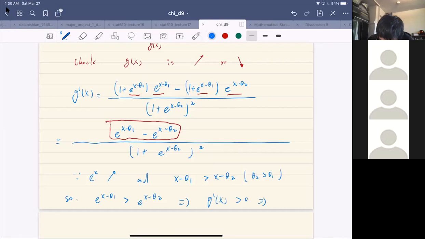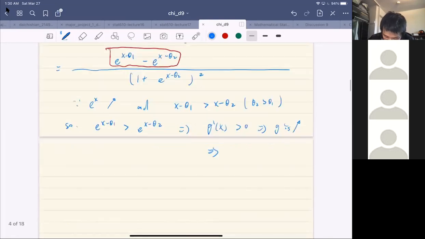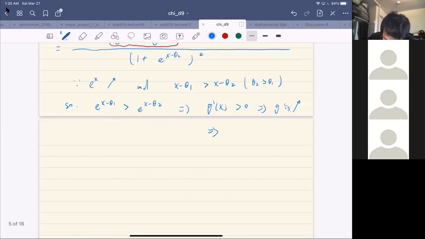So g is monotone, increasing, and that means the ratio is increasing. So this is a monotone ratio.